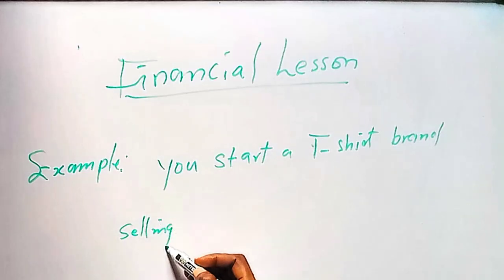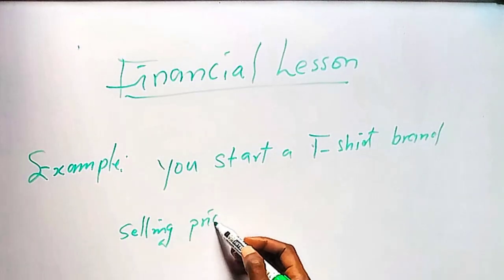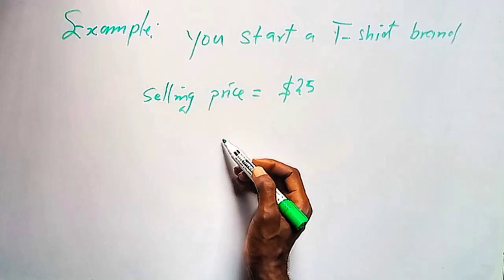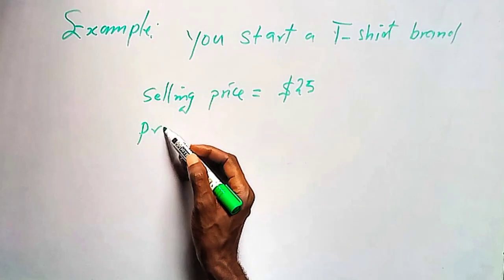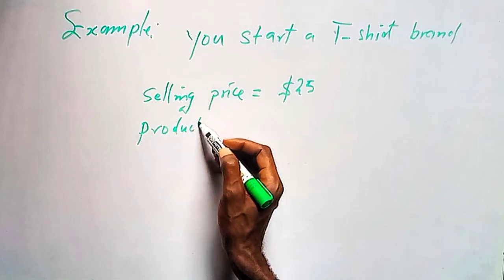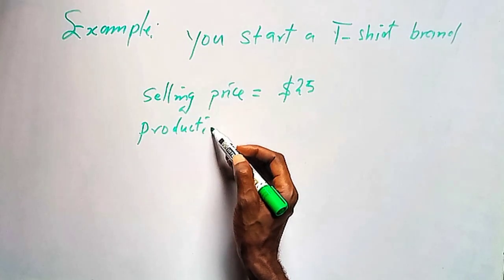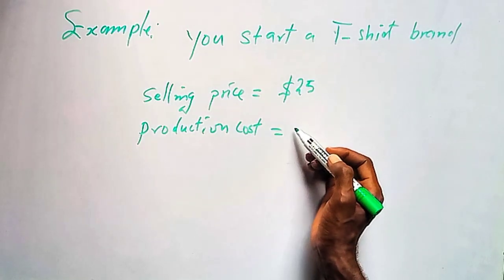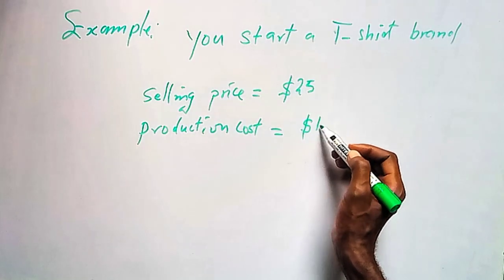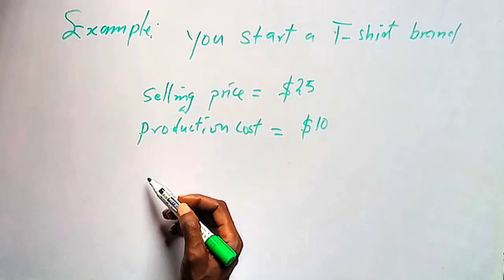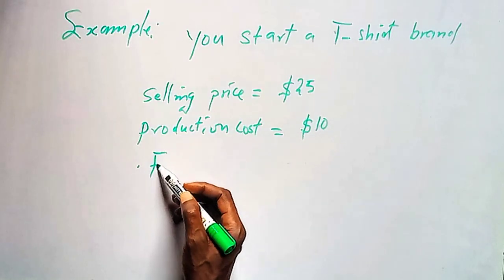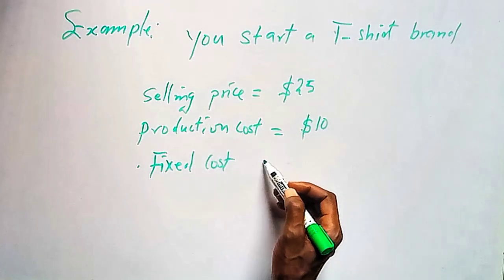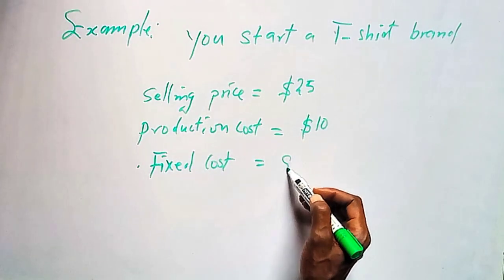Say selling price is pegged at $25, whereas your production costs is equal to $10 each. Having your fixed cost to be equal to $1,500.